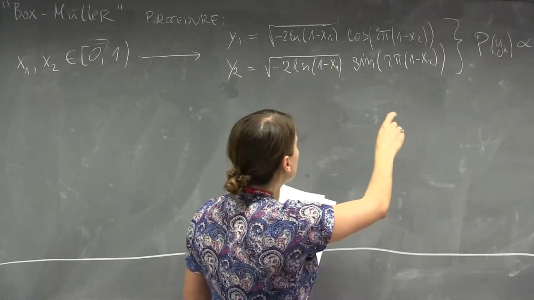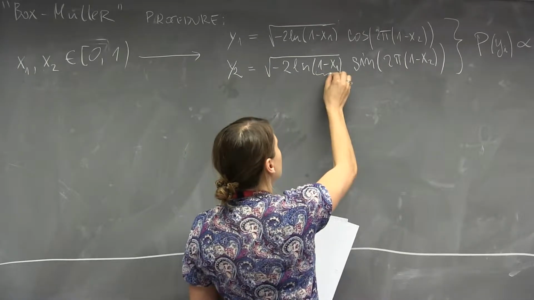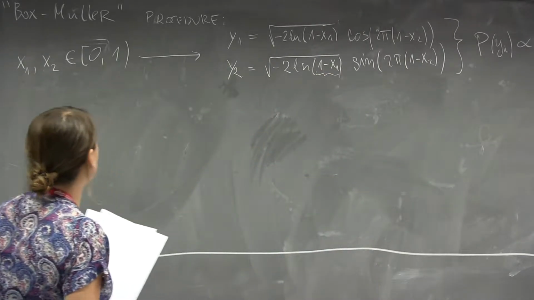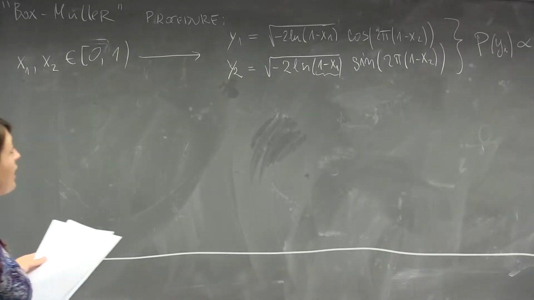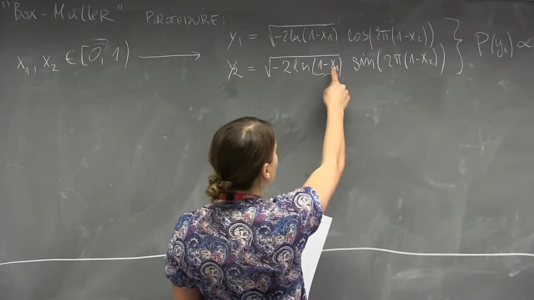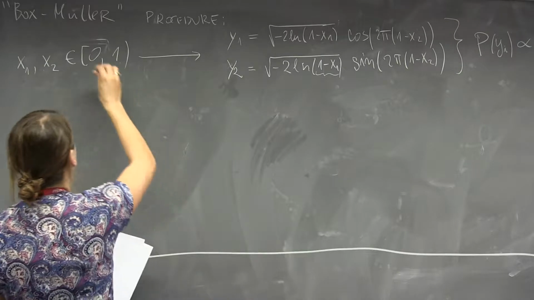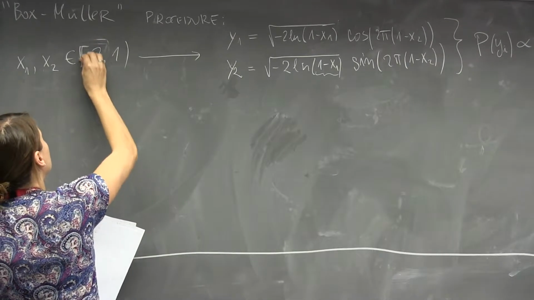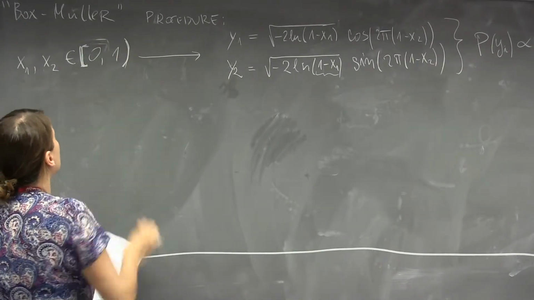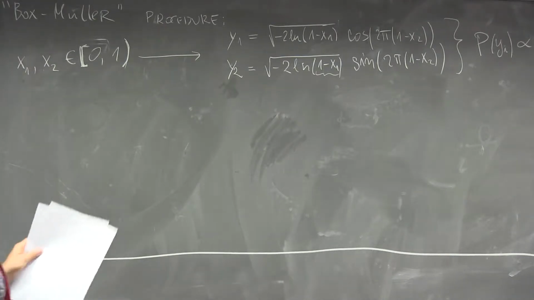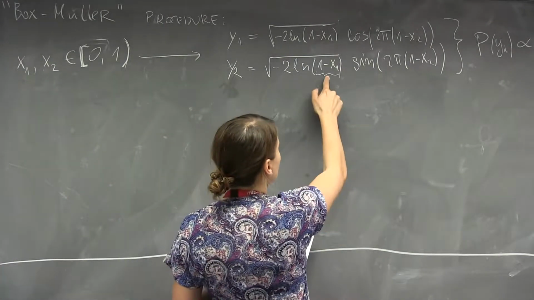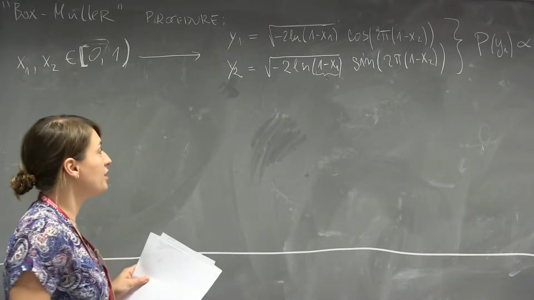It's just important to note that for numerical considerations, one actually takes here 1 minus x1, since we are working at the interval which includes 0 but doesn't include 1, such that we never get a 0 here.